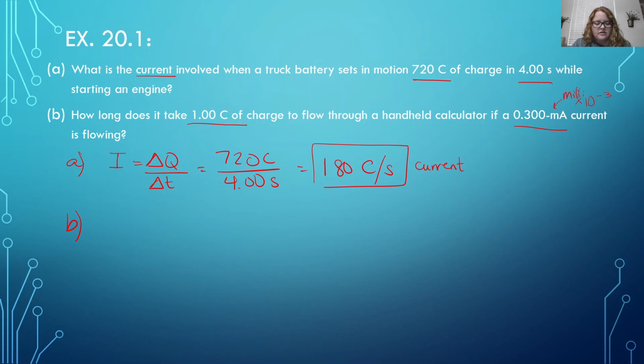Yeah, okay. So I'm right. Milliamps is going to be times 10 to the negative 3 amps of current flowing.